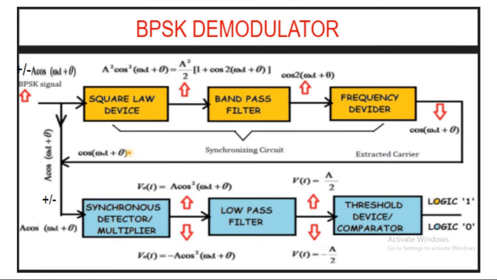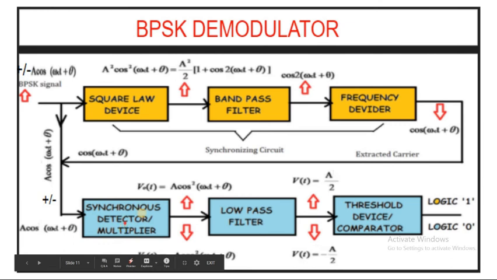The locally recovered synchronous carrier cos omega c t plus theta is multiplied with the received BPSK signal in the synchronous detector or multiplier.